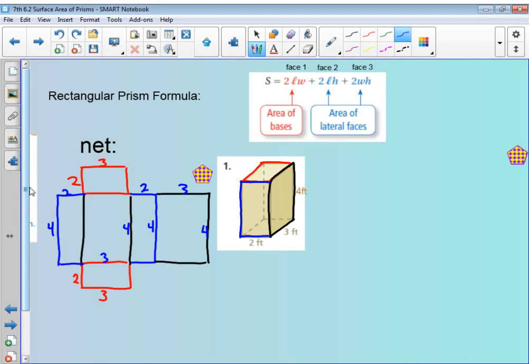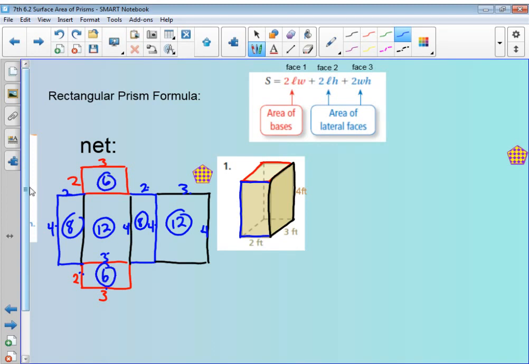Now, if I need to go through and use the net, I can go ahead and identify every single surface area. So 4 times 2 is 8, 4 times 3 is 12, 4 times 2 is 8, and I'm going to circle these so we don't get them mixed up. And then 4 by 3 is 12. I also have my little base number, 3 times 2 is 6, and then another 6 here.